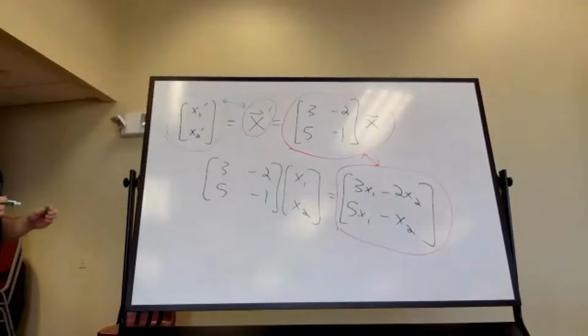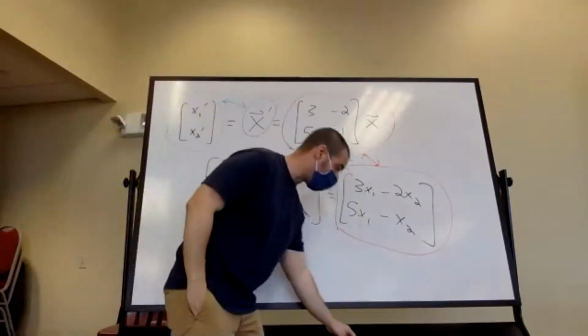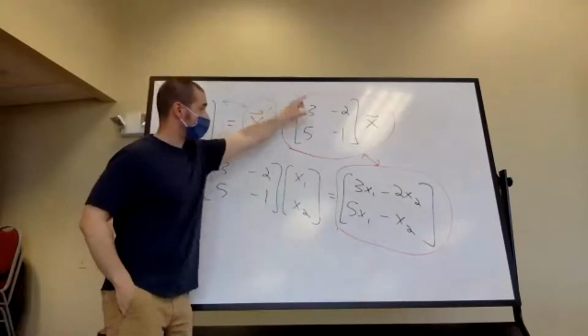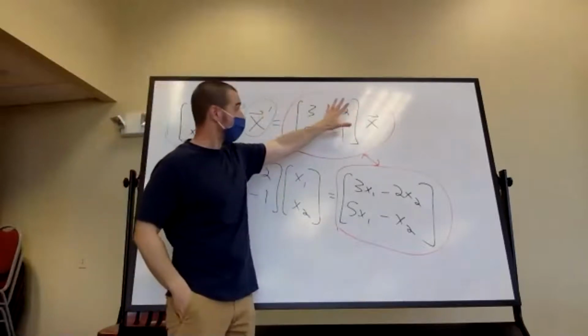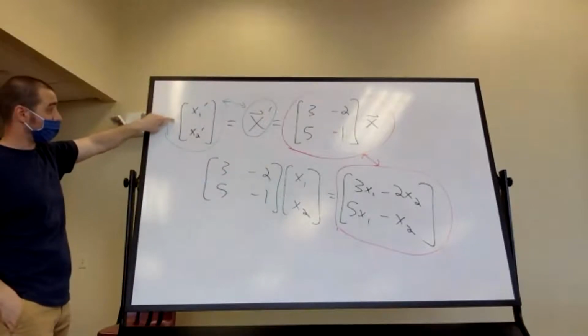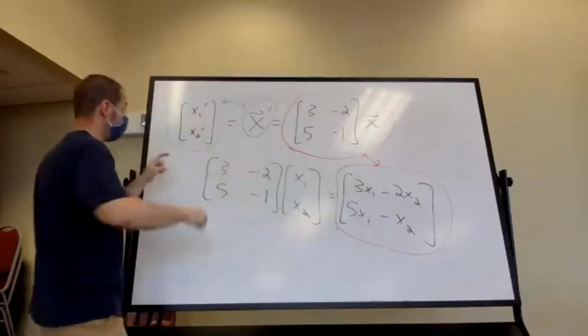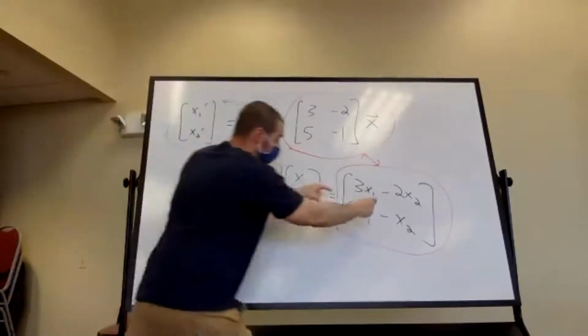Those are the same thing. So ultimately, what I'm asserting by writing this equation down is that this vector here, circled in green, equals this red vector over here.